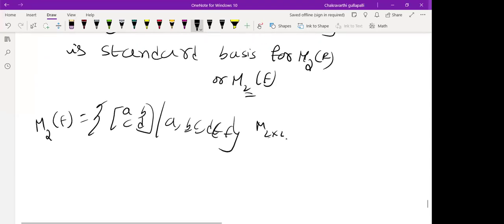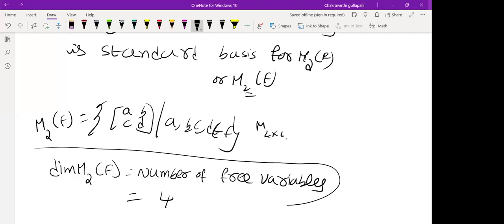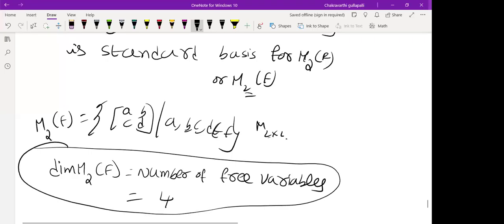So the dimension will be 4, the number of free variables, because 4 scalars are there. If it is Mn, n into n, n square scalars will be there. Understood now? So the dimension will be equal to n square.